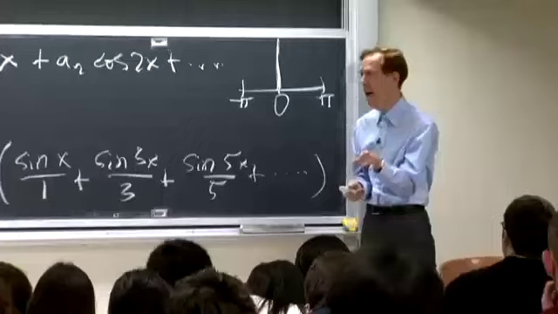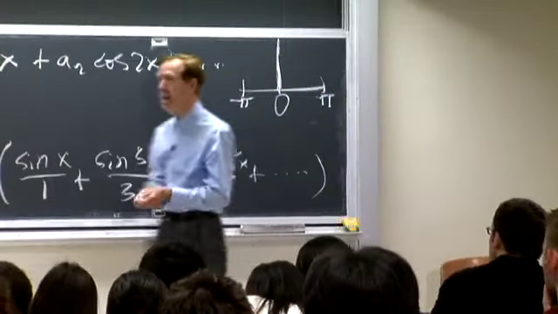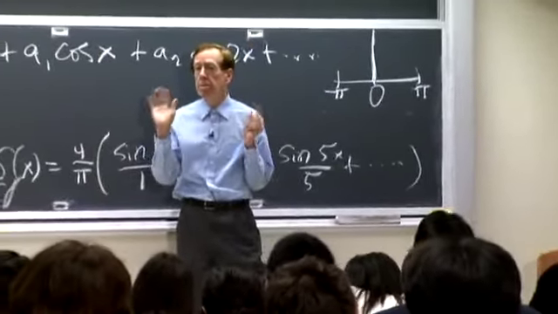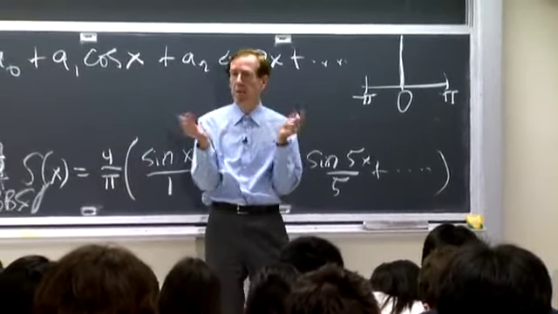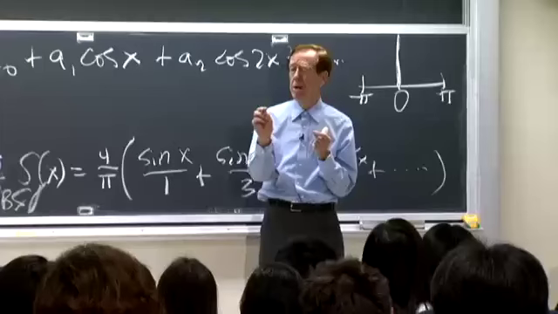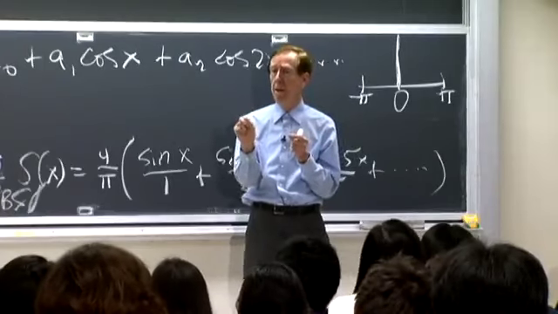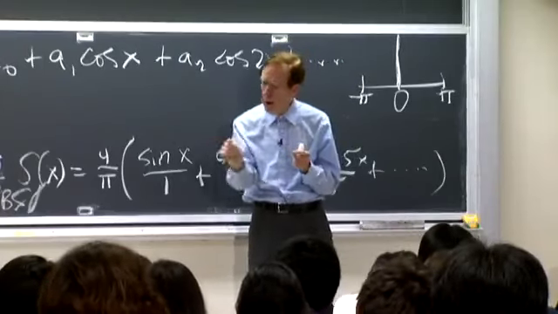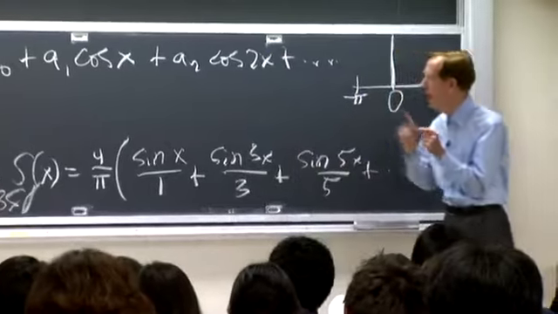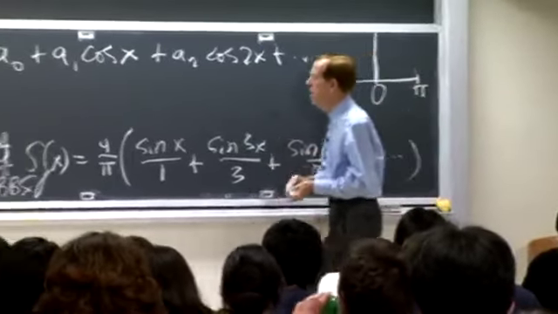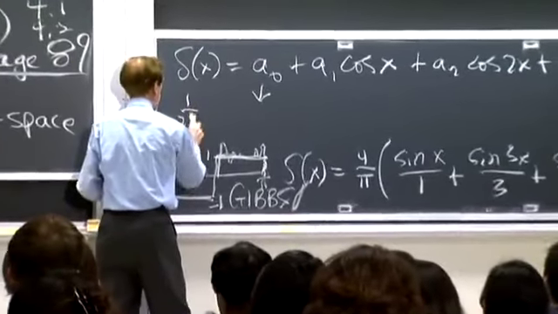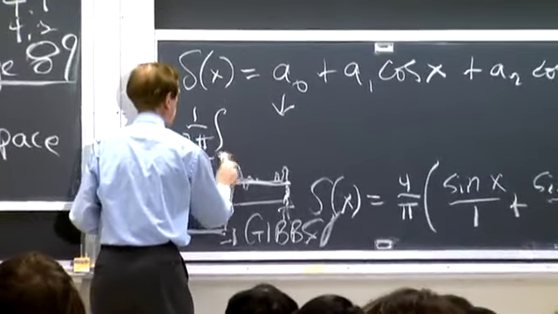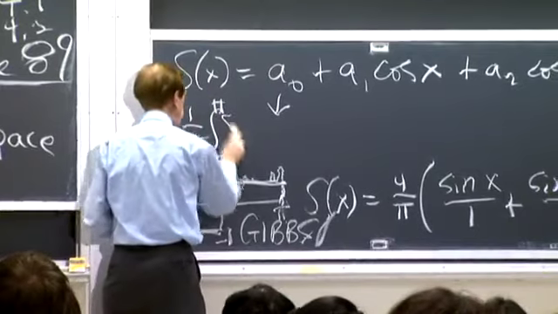So what's A naught in general? The coefficient A naught in the Fourier series, if I have a function, delta of x, or whatever my function, the A naught coefficient is the average. A for average there. A naught is the average value. So this is 1 over 2 pi, the integral from minus pi to pi of my function.